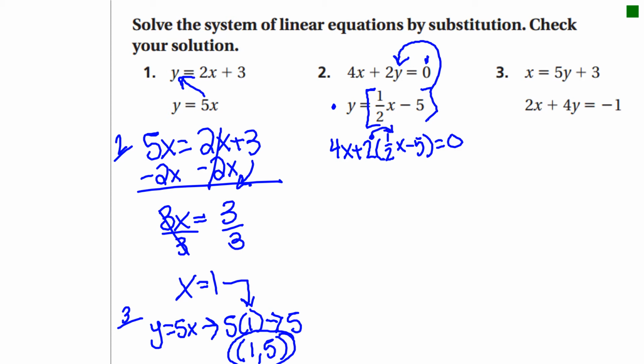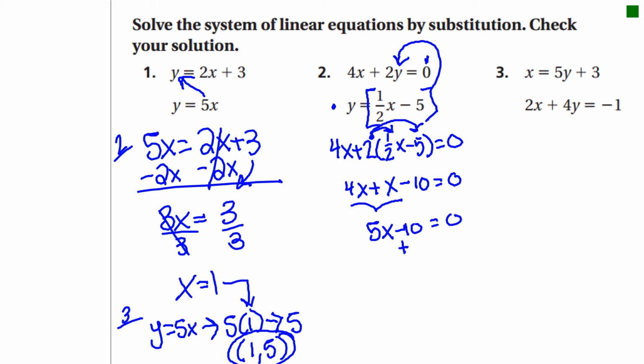Distribute your 2 to each player inside. So 4x plus half of 2 is 1, so 1x minus 2 times 5 is 10 equals 0. All right, combine your like terms right here. 4x plus x is 5x. 5x minus 10 equals 0.